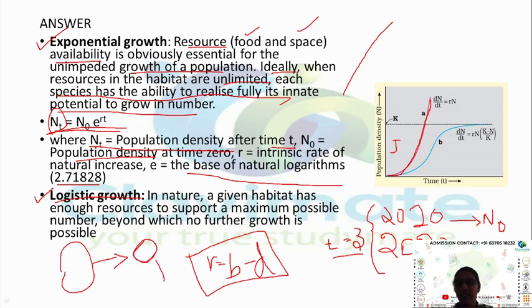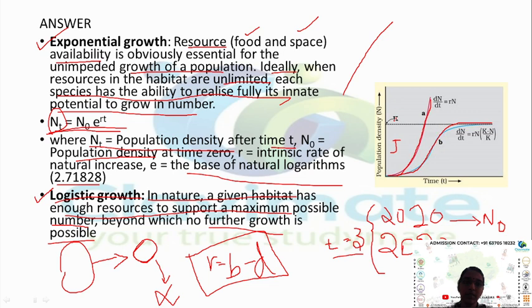At a point there will be no nutrients present in the habitat, so the curve declines a bit. That is, in nature, a given habitat has enough resources to support a maximum possible number, beyond which no further growth is possible.